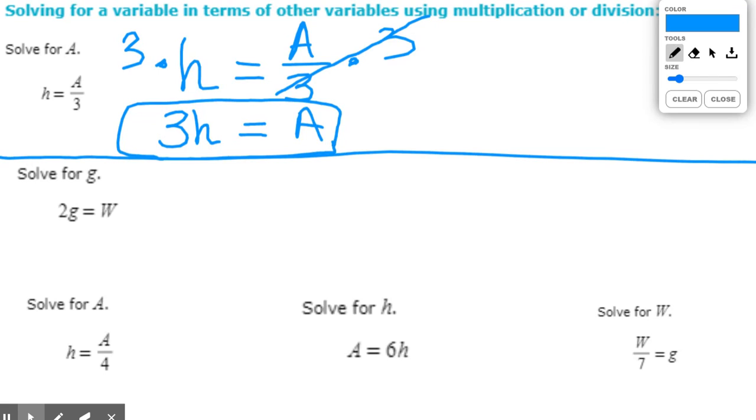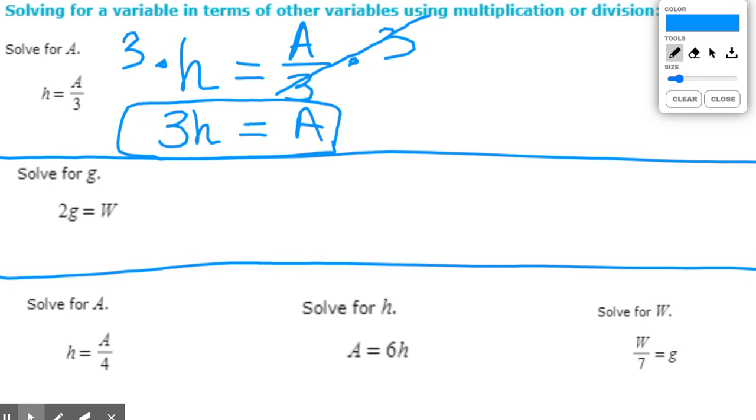We have solved this equation for a. For our second example, we have solve for g. 2g is equal to w. Again, that essentially just means that 2 times g, or 2 groups of g, is equal to w. Now, our goal is to solve for g. We have 2 groups of g. We want 1 group of g. So this time I have to do the opposite.